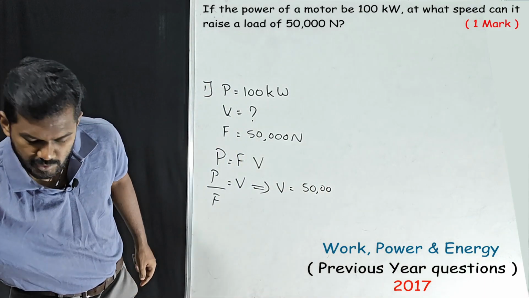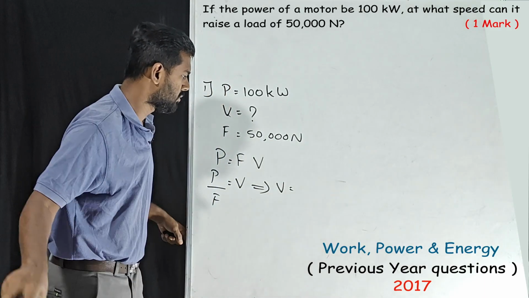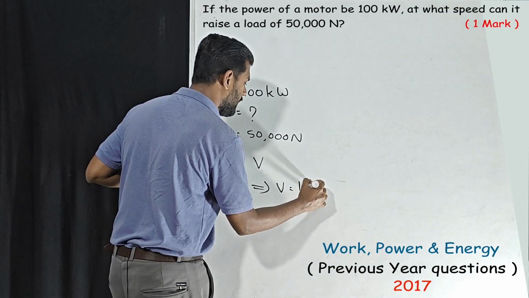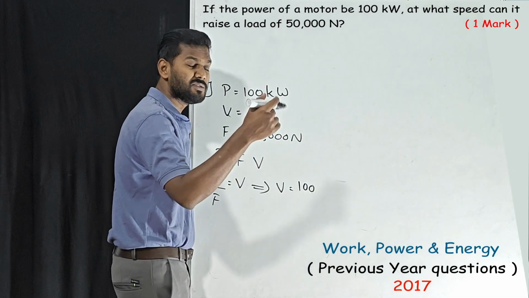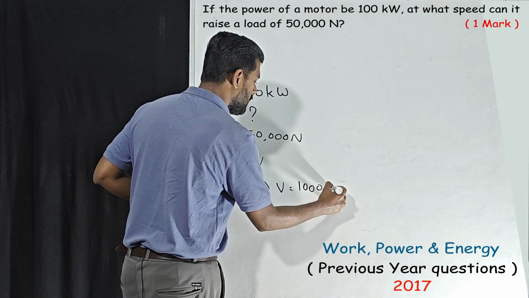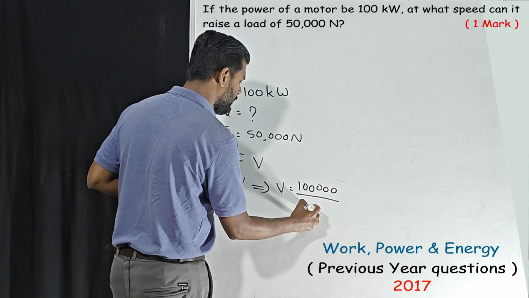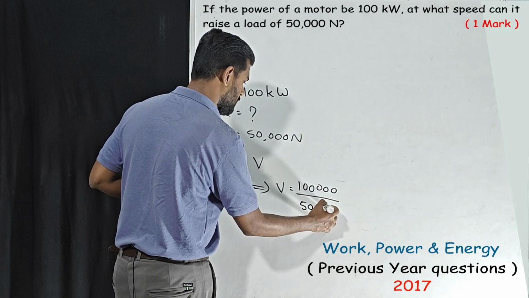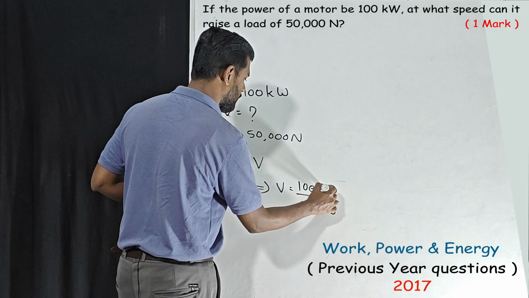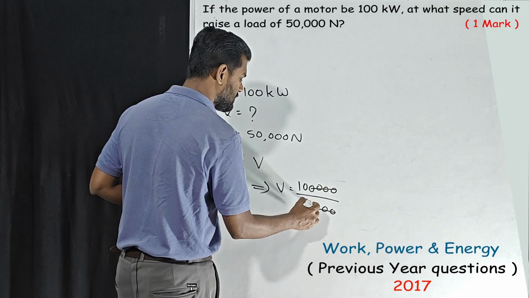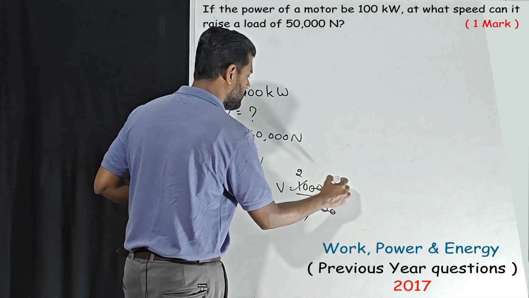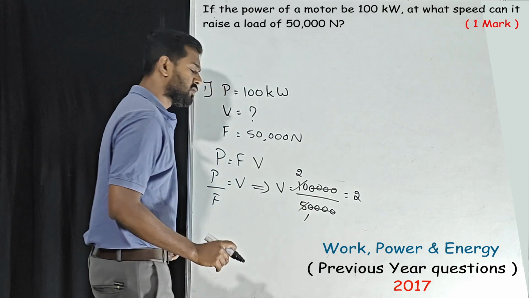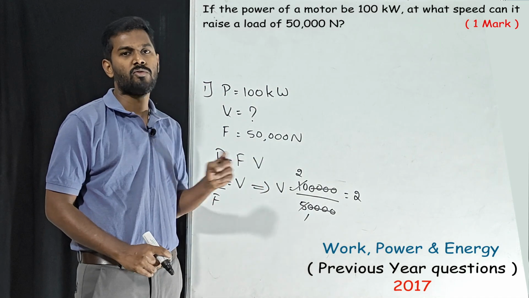P is 100 kilo. Kilo means 1000, divided by 50,000. Four zeros get cancelled. 5 ones are 5, 5 twos are 10. Answer will be 2.